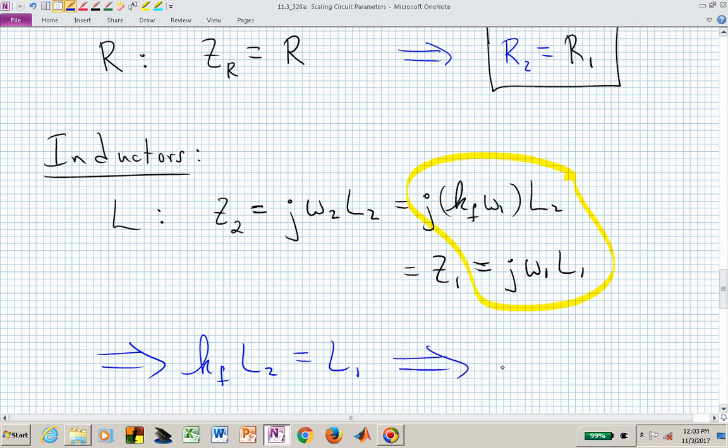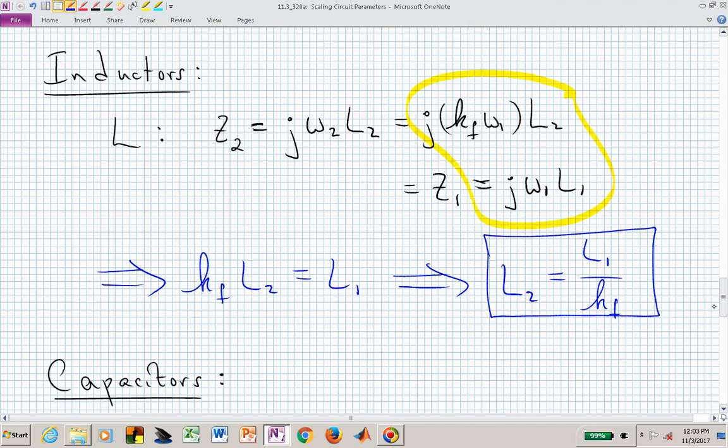Or if we wanted the final inductor value in terms of the initial, then if we know what our frequency scaling factor K sub F is, we simply divide the initial inductor value by K sub F to find the final value of our inductor, L sub 2. So L sub 2 is L1 over K sub F when we frequency scale.